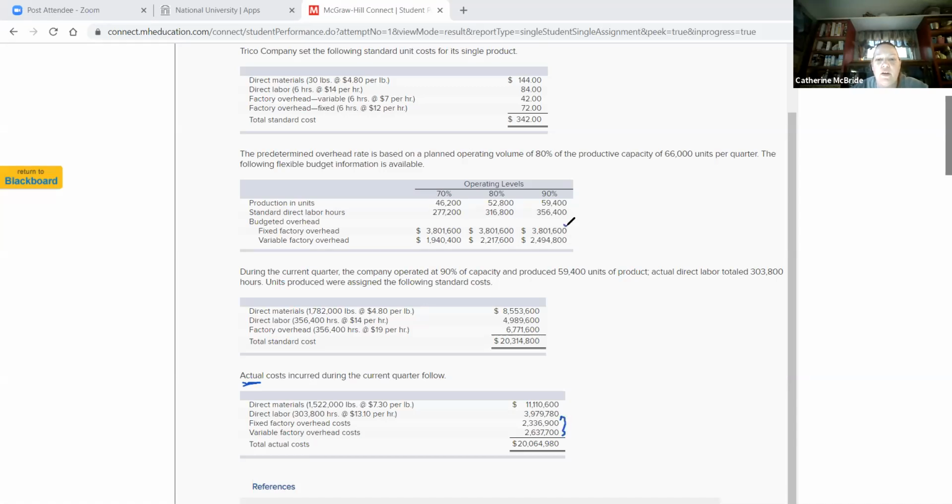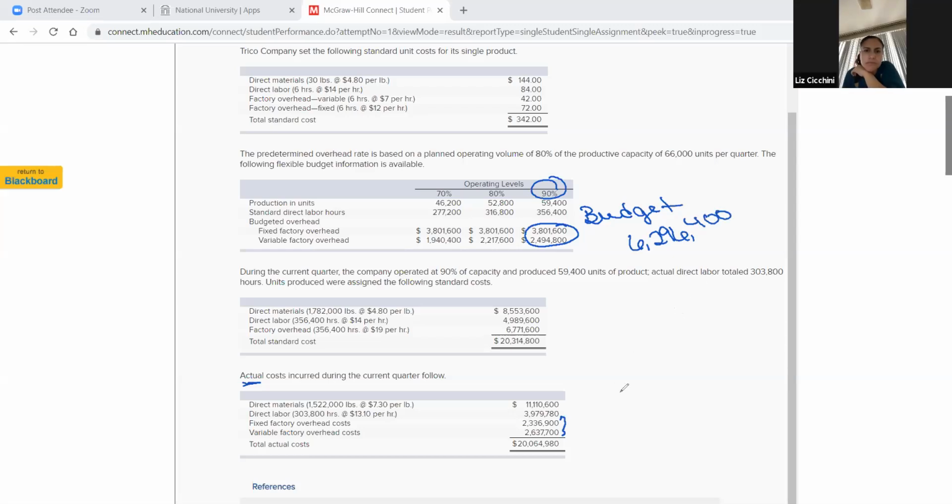And this is budget, because it asked for our amount at 90%. So if you add 3,801,600 plus 2,494,800, you get 6,296,400.